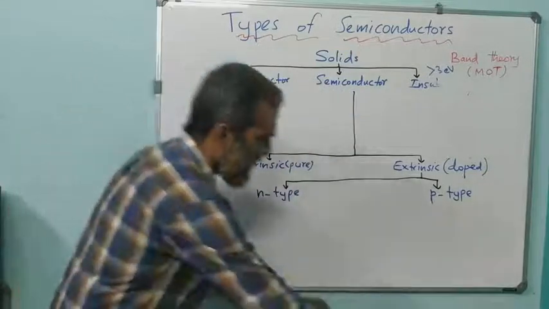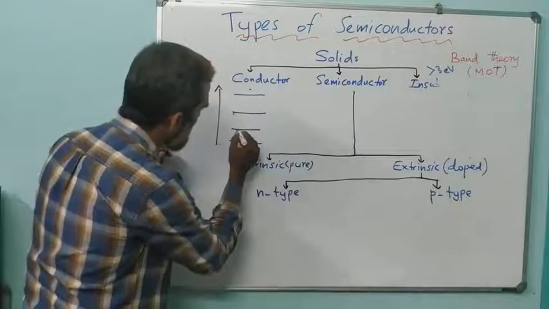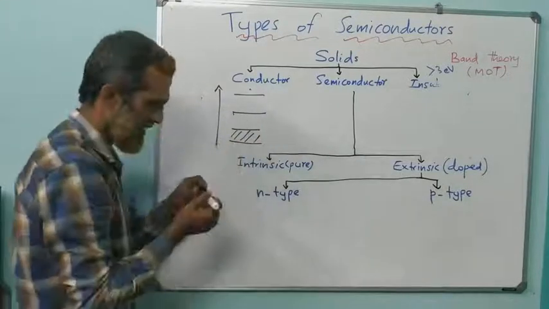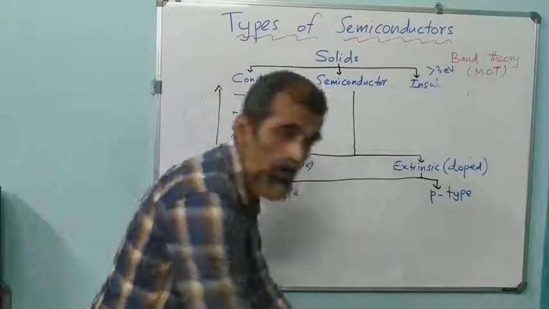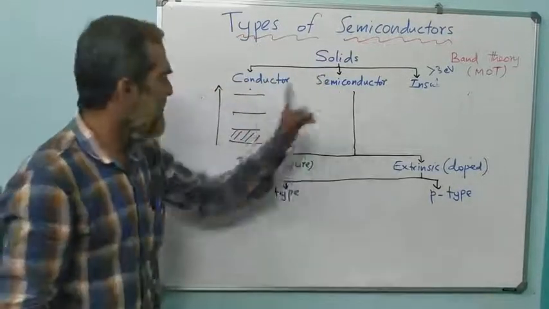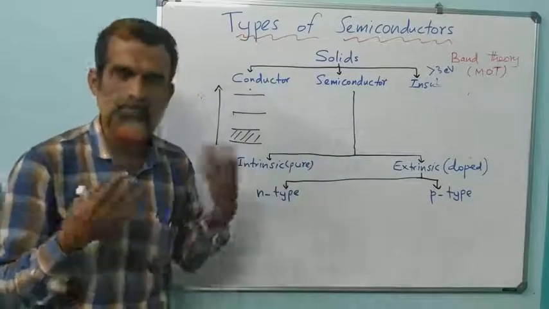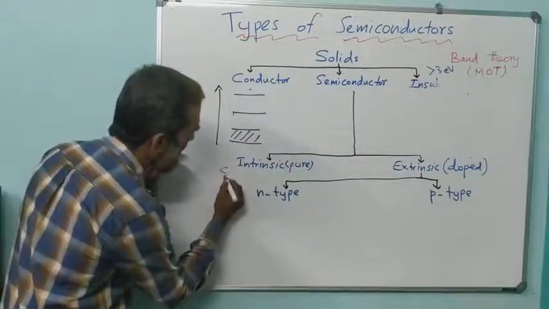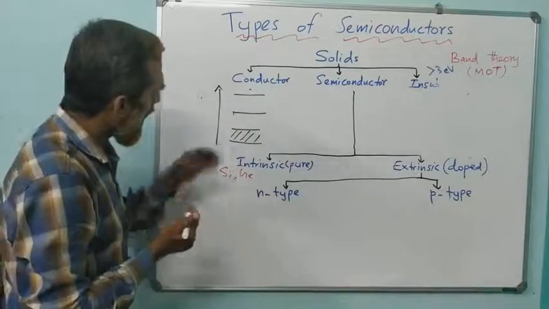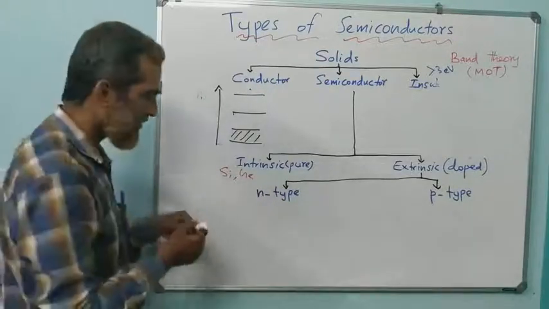This is the filled band, and this is empty, and the energy gap is small. So let us see how conductivity takes place in an intrinsic semiconductor. Examples are silicon, germanium, etc. How do they conduct electricity?